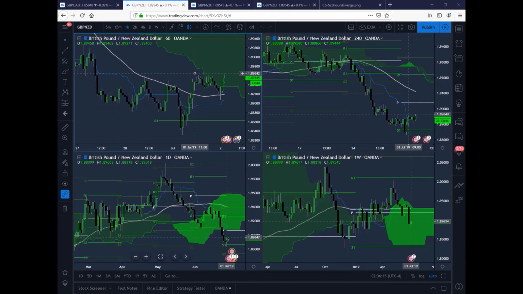Grab my cheat sheet. All right, here we go. Pips. How many pips do we need? A profit and stop loss.